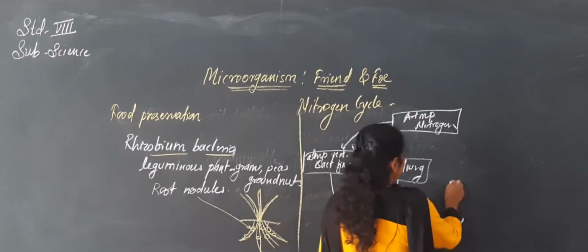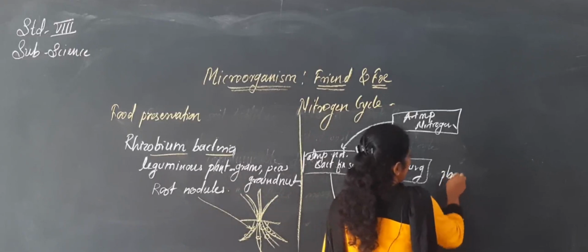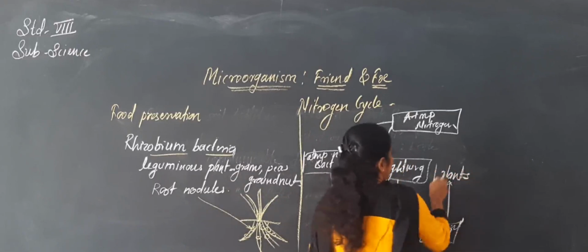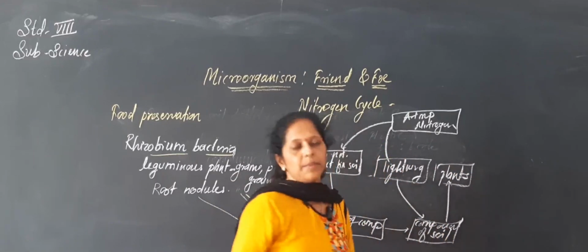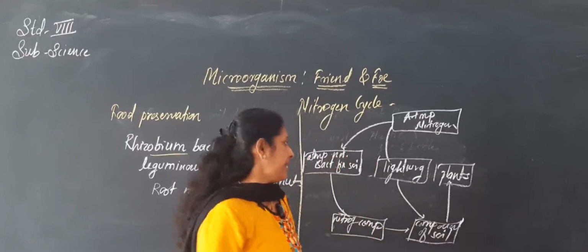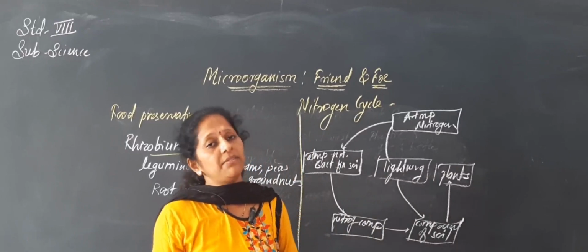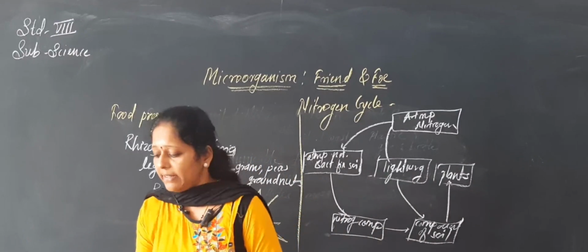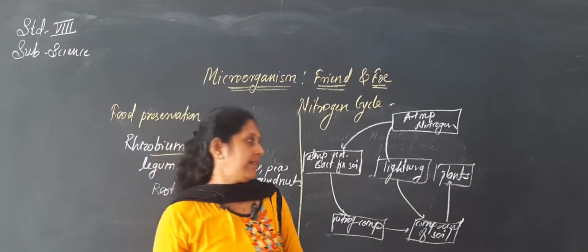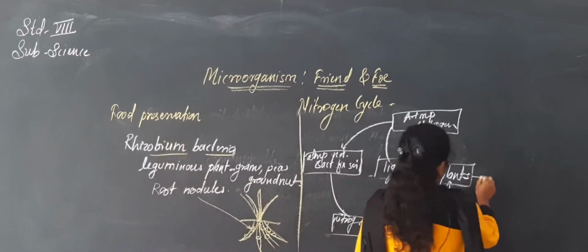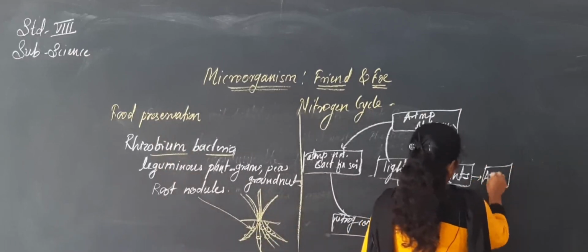It will be used again by the plants. The plants use it in the form of nitrates and nitrites, and once it enters the plant body, it is converted into proteins, chlorophyll and nucleic acids. Then it is eaten by the animals.